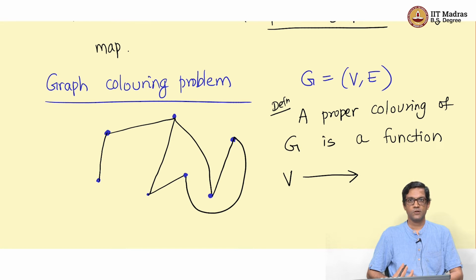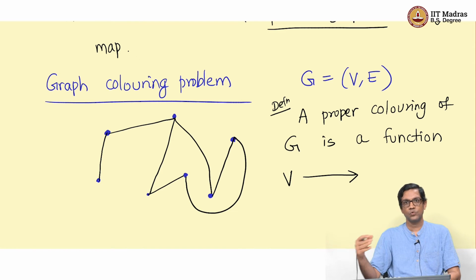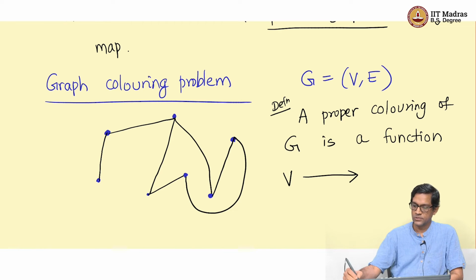Imagine I have on the other side a set which is red, blue, green, etc., or just to make it simple, I can imagine my colors are the numbers 1, 2, 3 and so on. So, it is a function from V to the set of numbers 1 to n. Imagine I am going to use n colors.